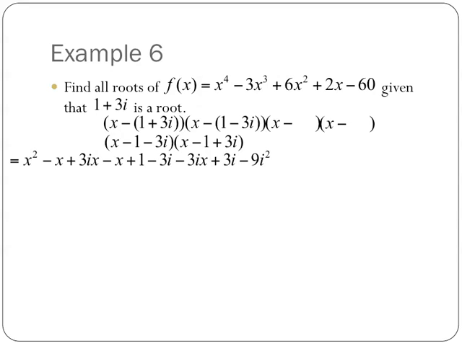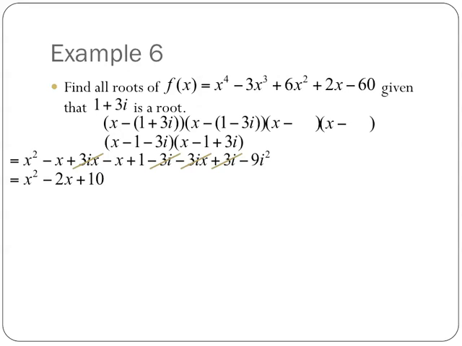We can cancel those. We have a minus 3i and a plus 3i, so we can cancel those. And then the minus 9i squared, i squared, remember, is equal to negative 1. So if you multiply negative 9 by negative 1, that's plus 9. So we can actually combine what we have left. So we have x squared minus 2x plus 10. So this whole thing multiplied out is x squared minus 2x plus 10.